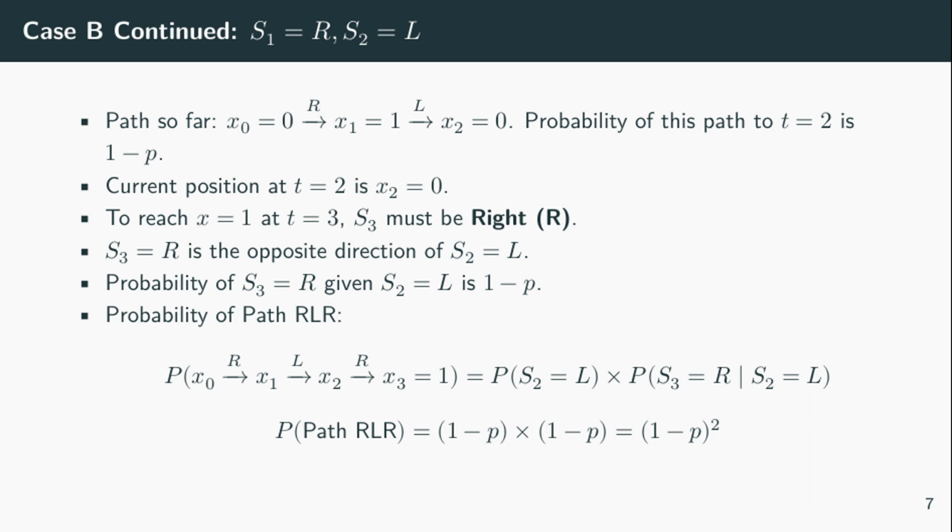Taking a right step now means going in the opposite direction of the second step, which was left. The probability of taking the opposite direction, given s sub 2 was left, is 1 minus p. So the total probability of following this path, right, left, then right, which we can call path RLR, is the probability of s sub 2 being left times the probability of s sub 3 being right, given that s sub 2 was left. This calculates out to 1 minus p times 1 minus p, which is simply 1 minus p squared.